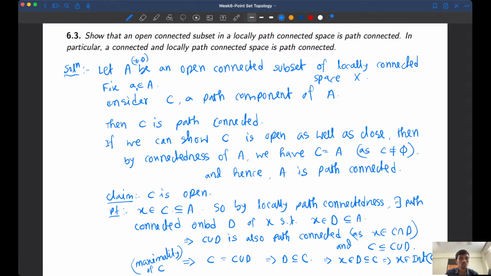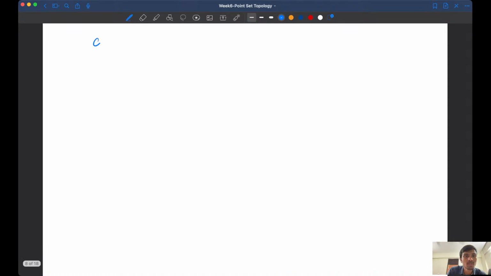Fine. So now for closedness, claim: C is closed. So I need to show that the closure of C is C itself.